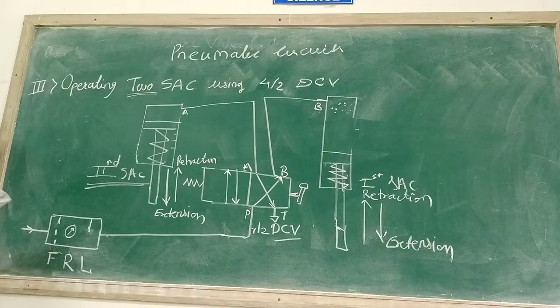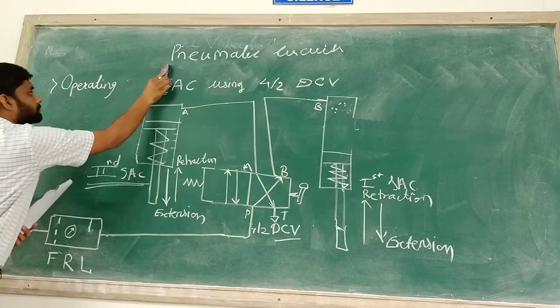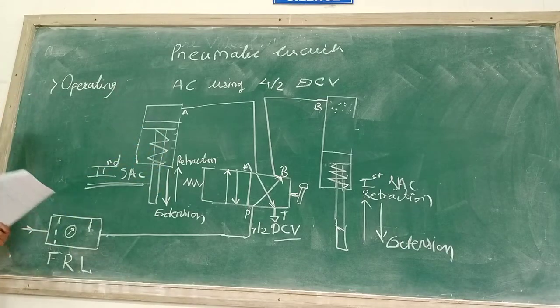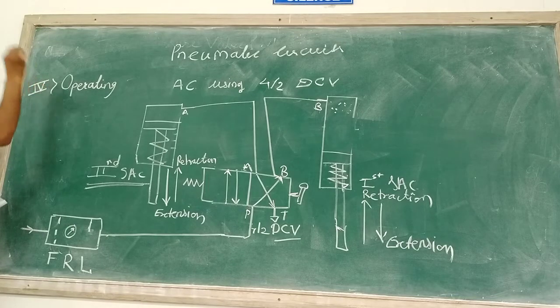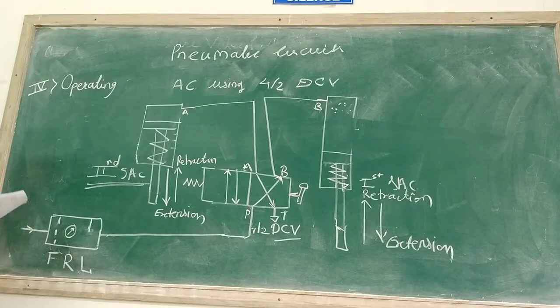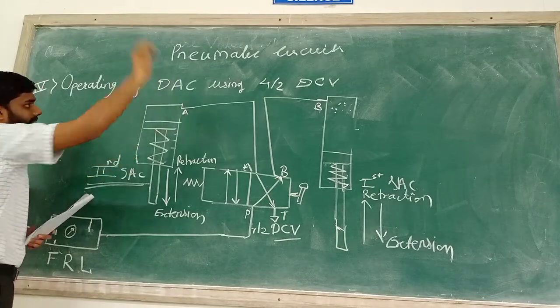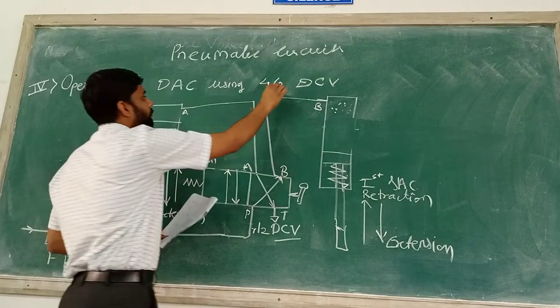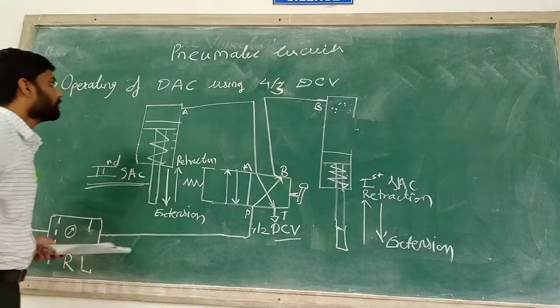Okay, so now we are going to study the last pneumatic circuit today, which is the fourth type of pneumatic circuit, operating a double acting cylinder using 4x3 direction control.